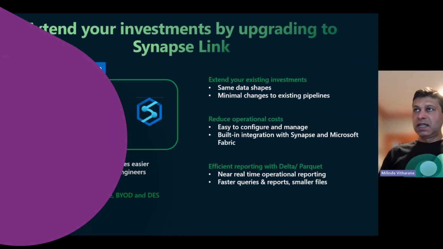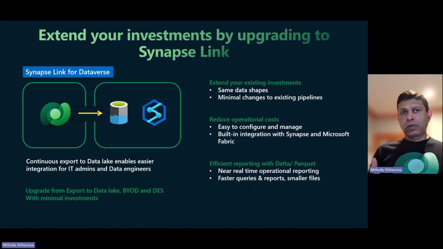Just to recap, assuming that you're not ready to use Link to Fabric at this point, maybe your intention is to upgrade from Export to Data Lake, BYOD, or maybe classic Synapse Link, which exported CSV files. Essentially, Synapse Link now lets you directly convert data to Delta Parquet format and link with Fabric.